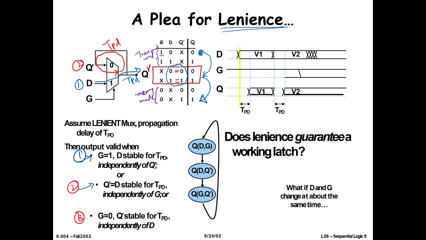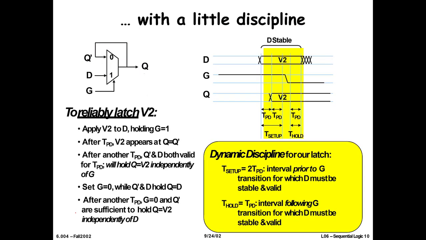So you take the latch from transparent mode to memory mode. But remember, already 2 TPD time has passed. Okay, now this 2 TPD time is called setup time, T setup. This is very, very important.